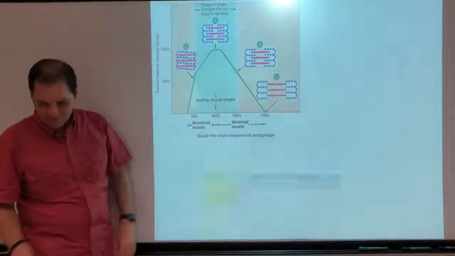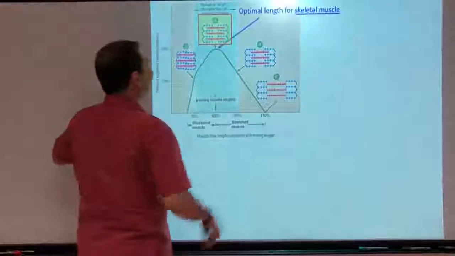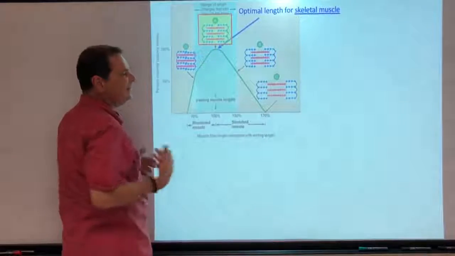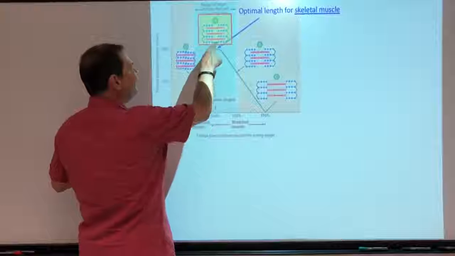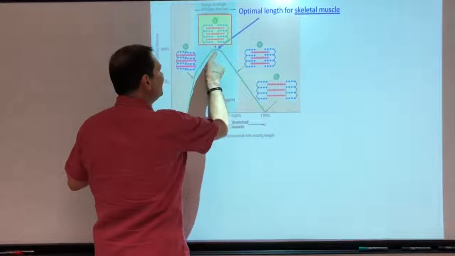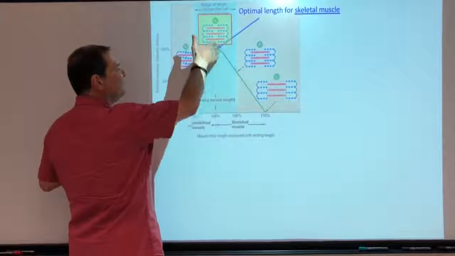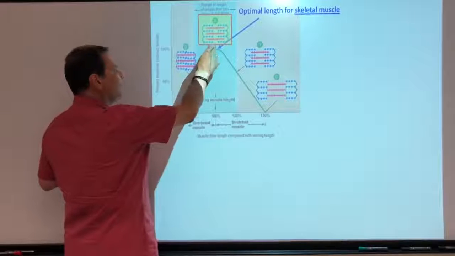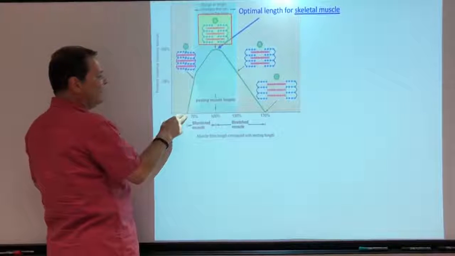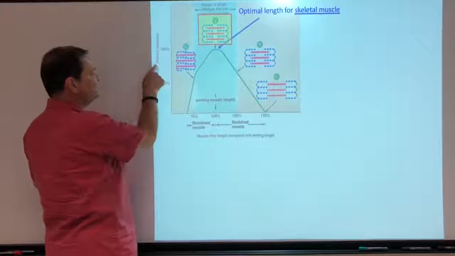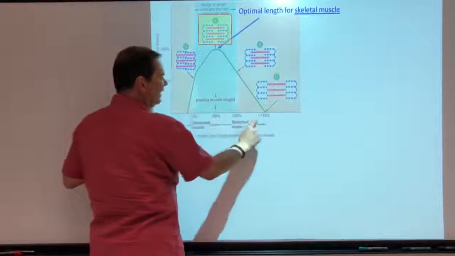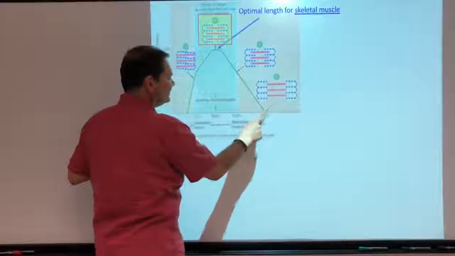The first thing you'll note is that in skeletal muscle, in resting muscle, you actually sit here on the length-tension relationship. So this is really the peak efficiency for the muscle when it's at this length. When it's at lower lengths, you don't contract with as much force. And when it's at higher lengths, you don't contract with as much force.